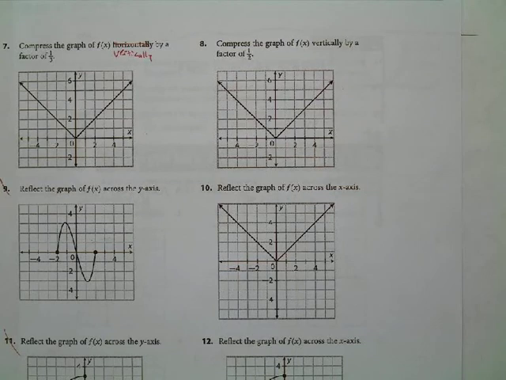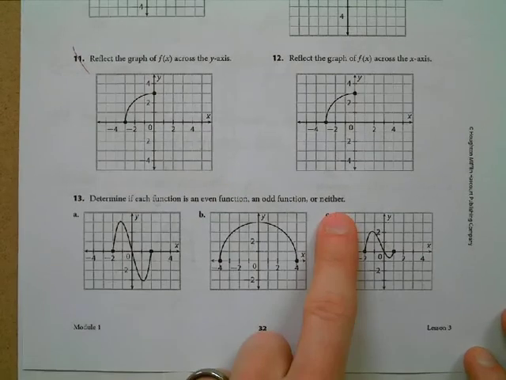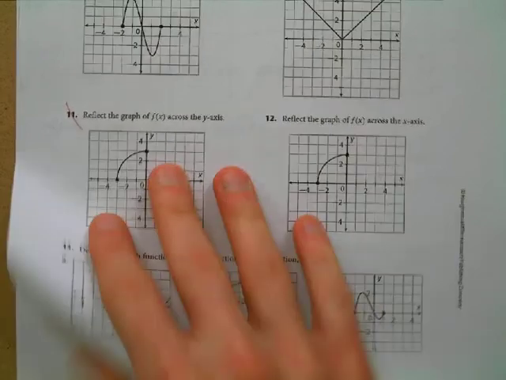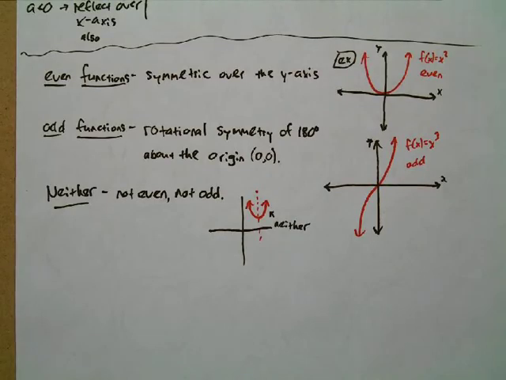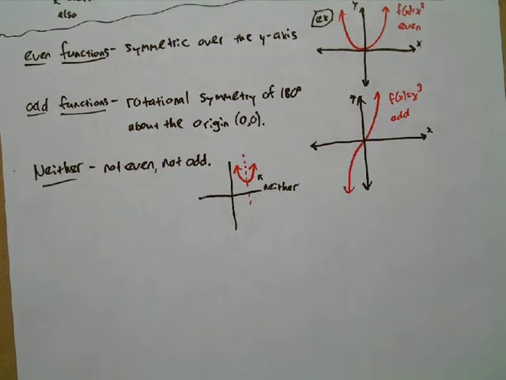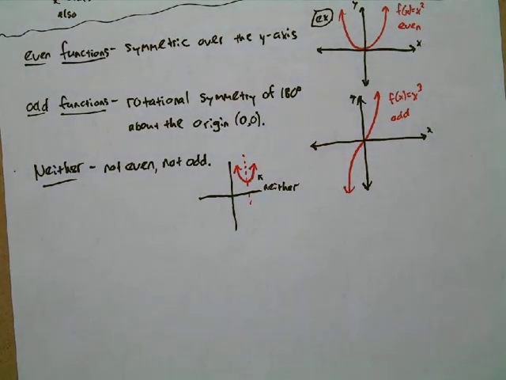Here we go. Ready? 8, 10, and 13. 13 is where you will be able to identify whether the function is even, odd, or neither. And they give you the graph, so it makes it super convenient to identify. That'll take you all of like 3 seconds probably to answer those. And of course, then 2 more functions there for you to transform. And that'll be the homework. Very easy.